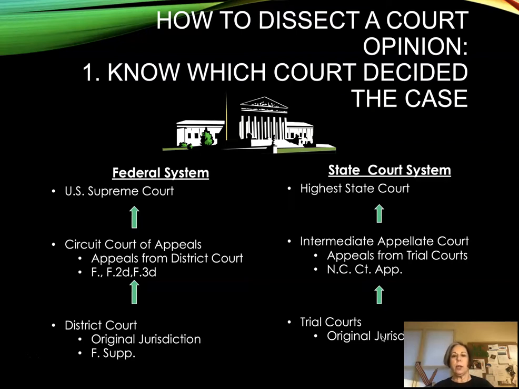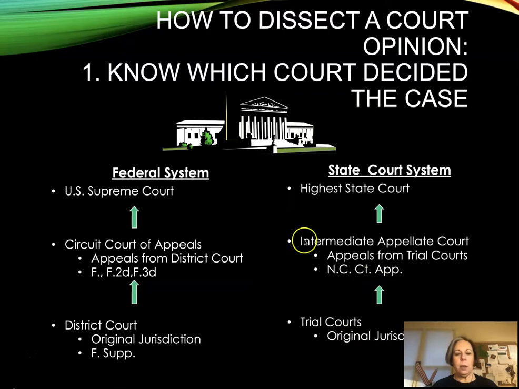District courts in North Carolina have jurisdiction over different things, original jurisdictions. All family law cases are in the district court jurisdiction. So they go then from the trial court level to, if you've got a question of law, to appeal to the intermediate court, which in North Carolina is the Court of Appeals, which then goes to the state's highest court, which in North Carolina is the Supreme Court.